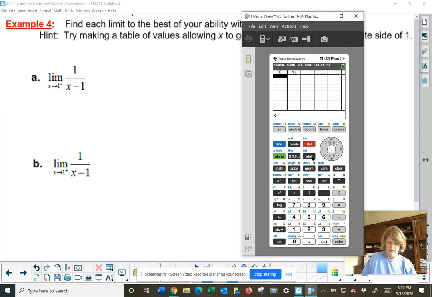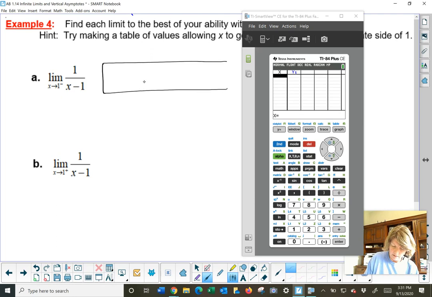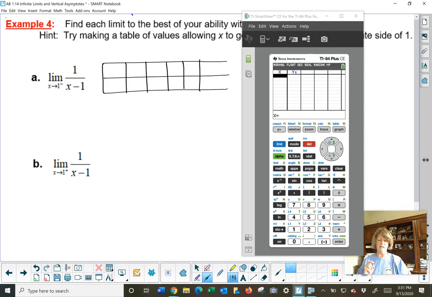Now, let's create our table. We know we are going to end up with problems at 1. This one says to come into 1 from the left side. So here's my 1.